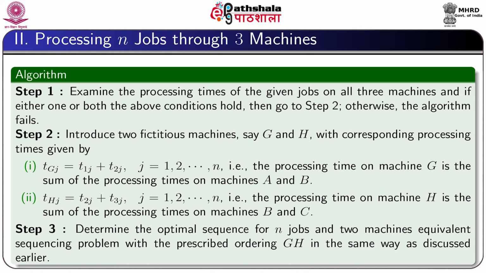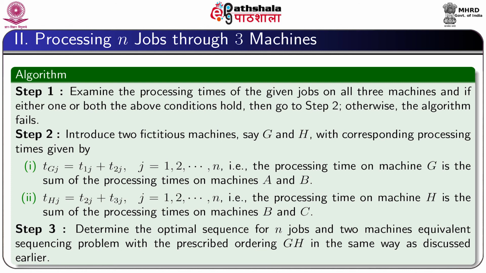Step 2, introduce two fictitious machines, say G and H, with corresponding processing times given by TGj equal to T1j plus T2j, j equal to 1 up to n. That is, the processing time on machine G is the sum of the processing times on machines A and B. THj is equal to T2j plus T3j, j equal to 1 up to n.